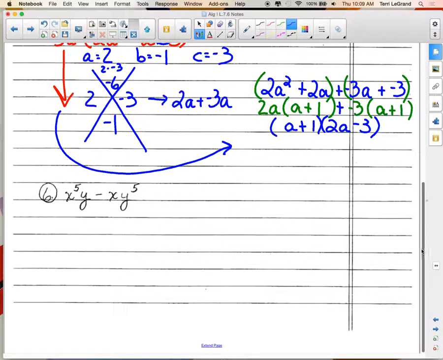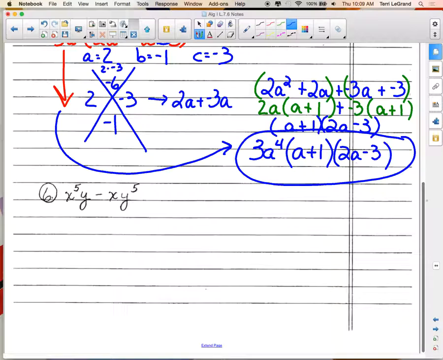Whew, I'm getting dizzy up here. 3a to the 4th, A plus 1. Oh, by the way, can that one be factored any more? A plus 1? Yeah. Okay. How about 2a minus 3? Yeah. So, factored completely.